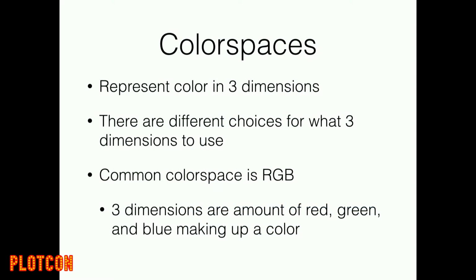So to talk about this further, let's first talk about color spaces. Color spaces are used to represent color in 3 dimensions. Different color spaces make different choices for what these 3 dimensions are. You're probably familiar with the RGB color space, where a given color is represented by the amount of red, green, and blue within the color.